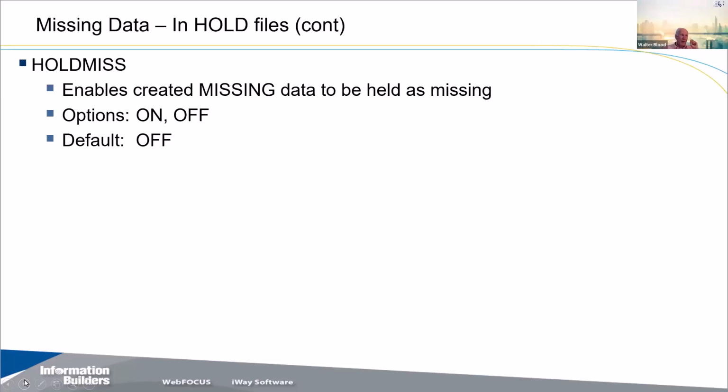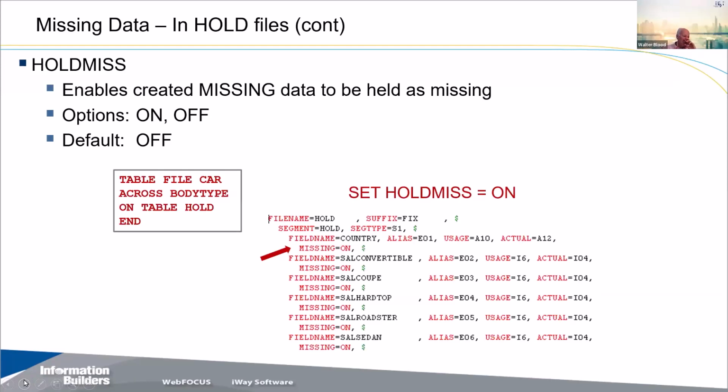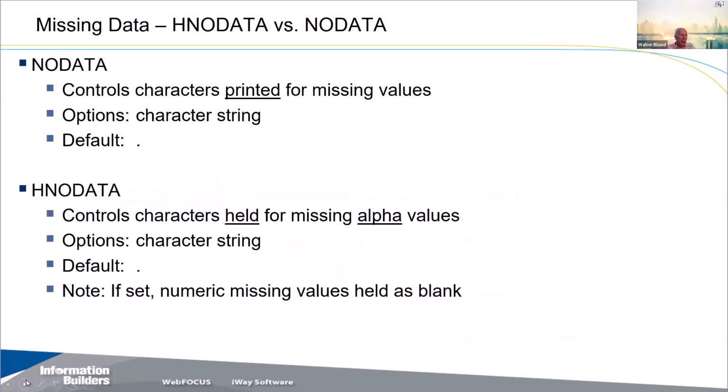The default is off, so if you want to use it, you have to turn it on. When I set HOLDMISS on and I create my hold file, you'll notice that with this across especially, all of these are potentially missable. So HOLDMISS is going to be on. I'm going to pass that in, which is useful because then when I go to read it, I will treat it correctly.